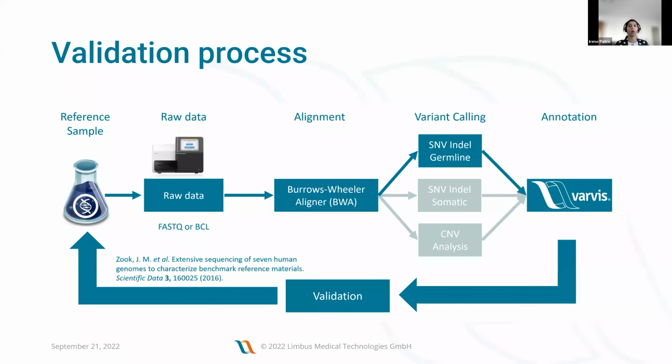Just acquire this reference sample and sequence it in the laboratory, and we take care of the variant calling, perform the annotation, and then give a validation report. This validation report will be given back to the users so that they can use it for their accreditation. And this whole service of validation we provide at no cost.